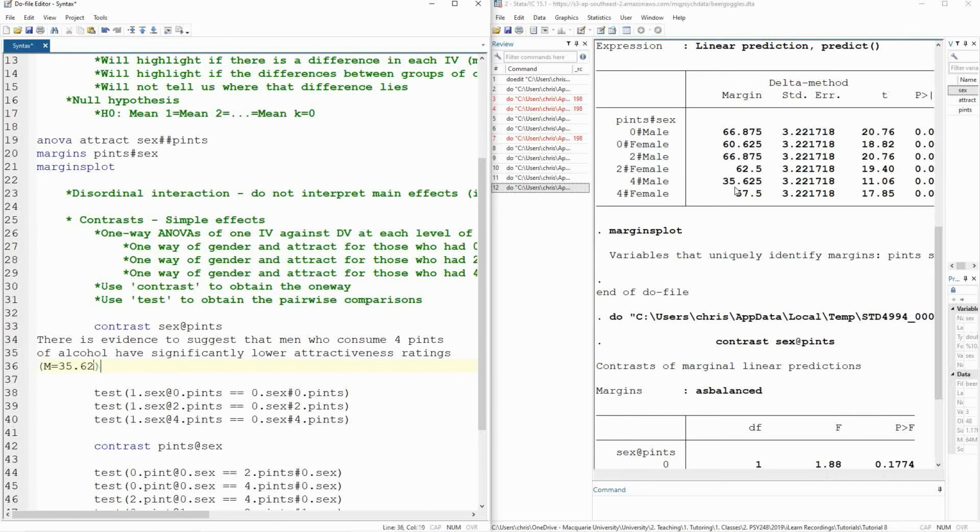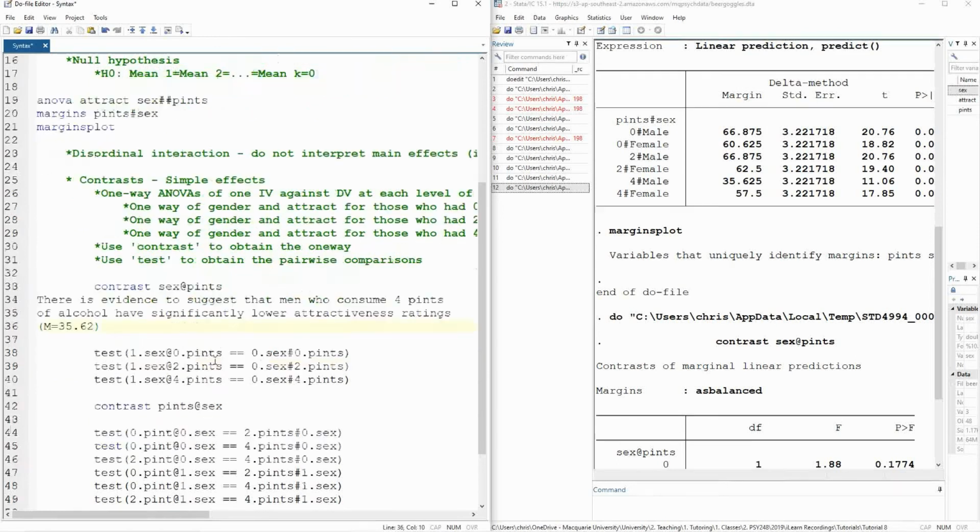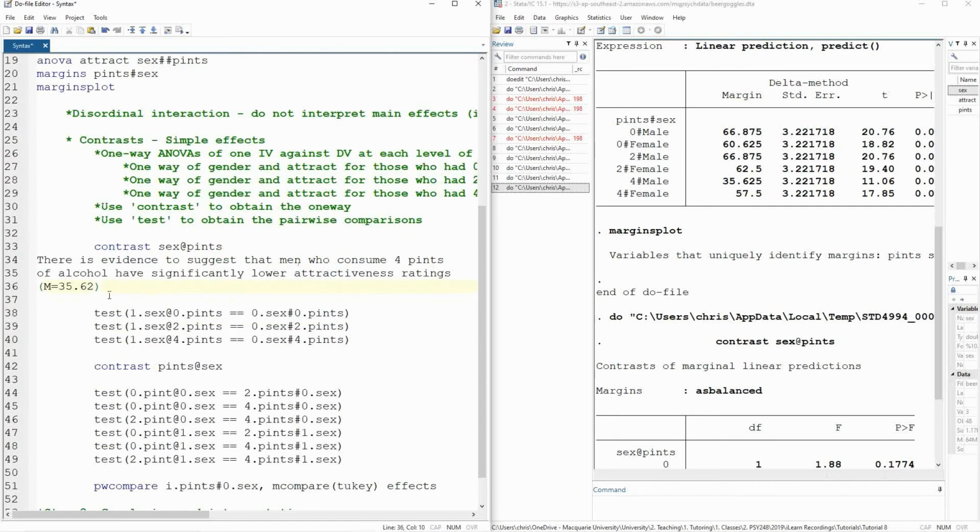Mean equals 35.62. There is evidence to suggest that men who have consumed 4 pints of alcohol have significantly lower attractiveness ratings than women who consume 4 pints of alcohol. And their mean is 57.57, so 57.5.